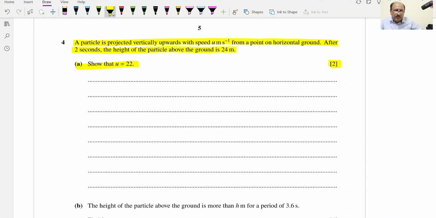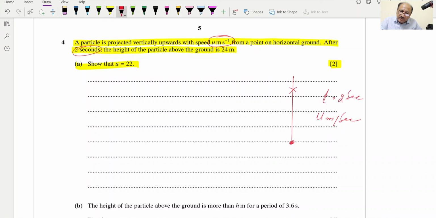We can understand this situation better if we draw a little. So it's moving up over here to this point. The velocity is u meters per second, and time t is equal to 2 seconds.